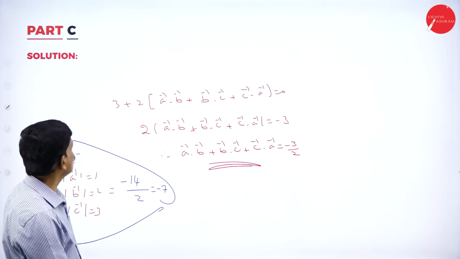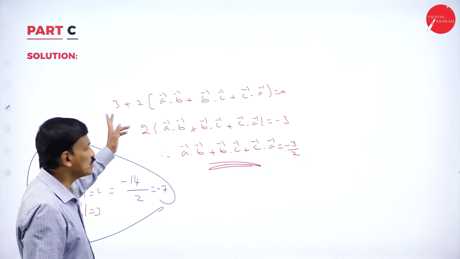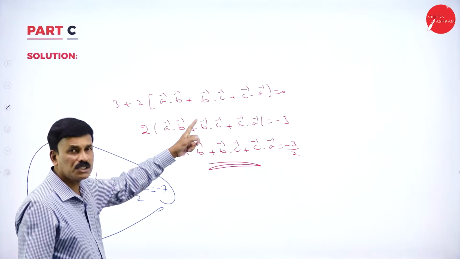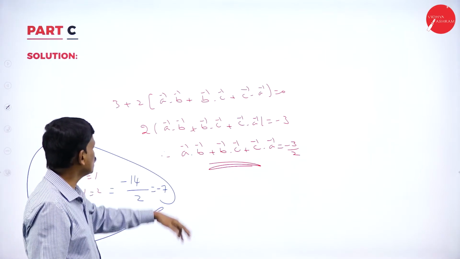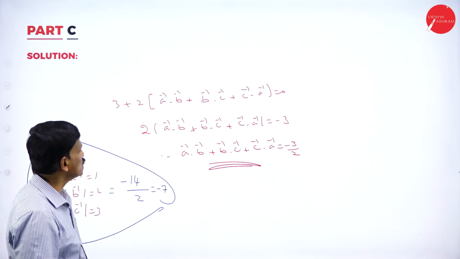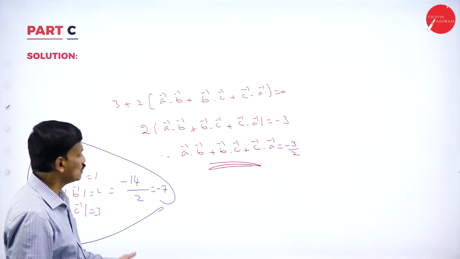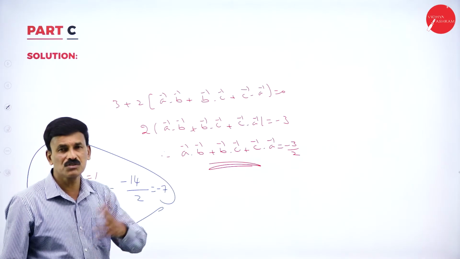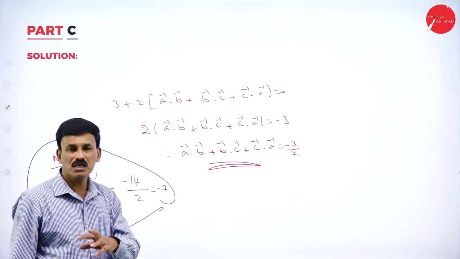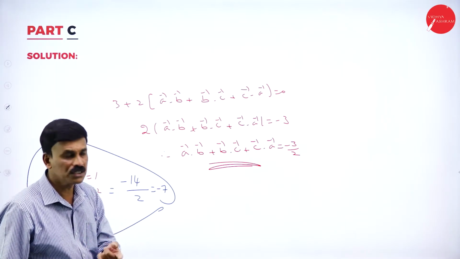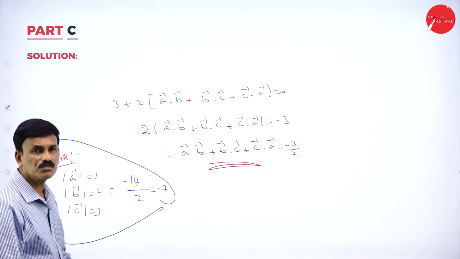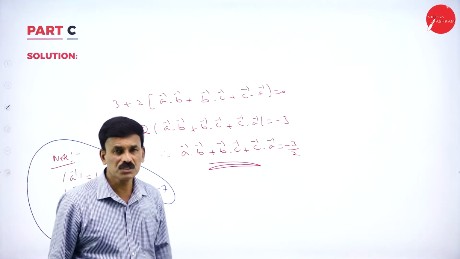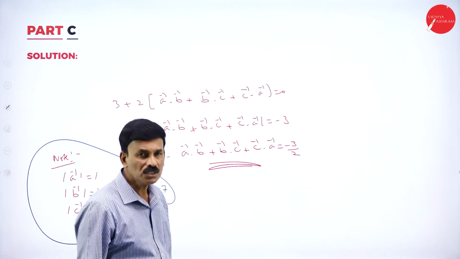Substitute the values. 1 plus 1 plus 1 is 3 plus 2 times a dot b, b dot c plus c dot a, transfer 3 to the right hand side, it becomes minus 3. So therefore, a dot b plus b dot c plus c dot a is equal to minus 3 by 2. Suppose instead of a, b, c as unit vectors, if length of a is 1, length of b is equal to 2, length of c is equal to 3, then you will get this type of answer. So this is a very important and easy problem.